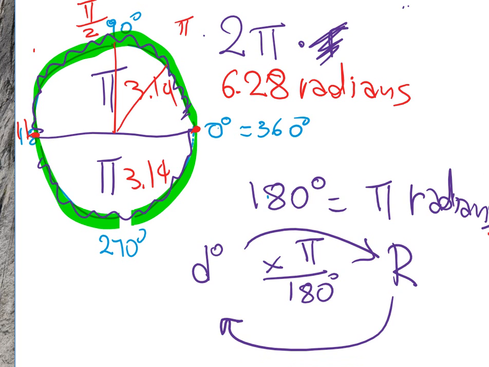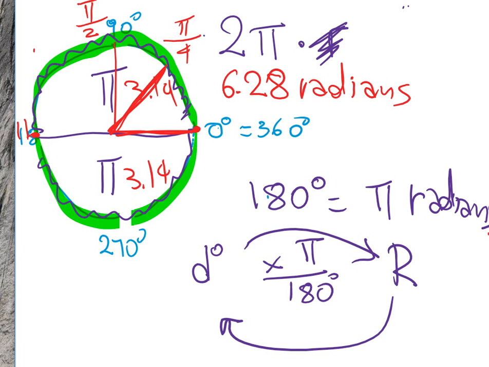This becomes pi fourth. I can have pi third, I can have pi sixth, I can have all these different ways of representing that radian angle. And this radian angle is actually a more accurate representation.